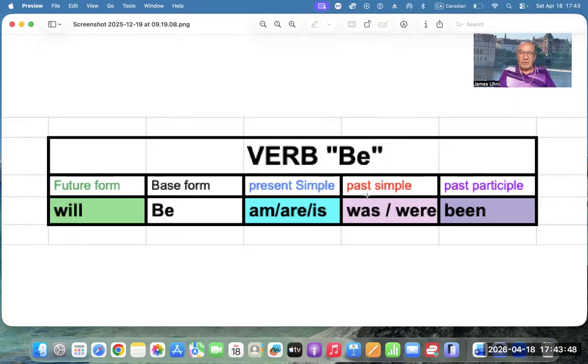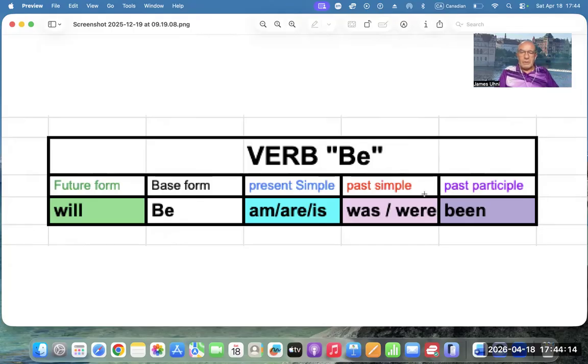But before that, we have past simple, which belongs to yesterday. I was eating lunch an hour ago. You were playing the video game before the lunch.